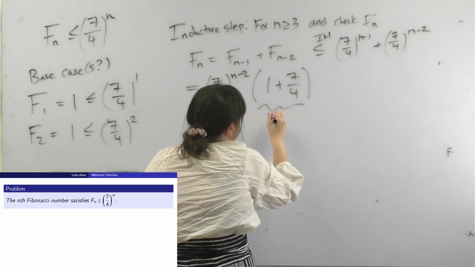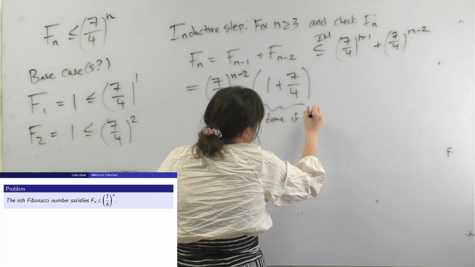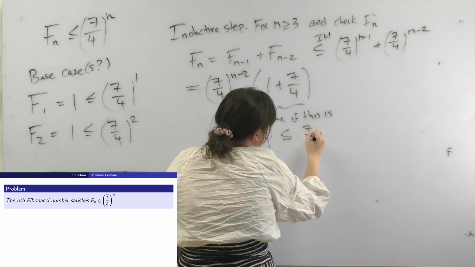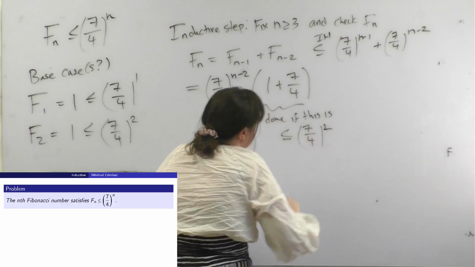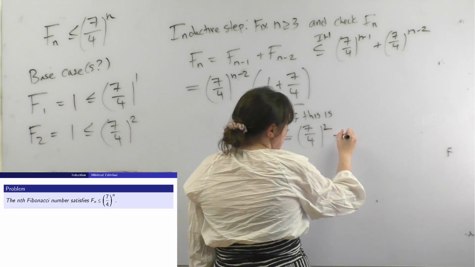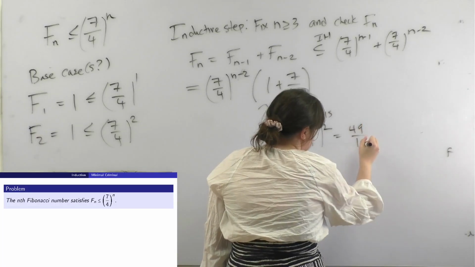So I'm done if this is less than or equal to (7/4) squared. (7/4) squared is 49/16.